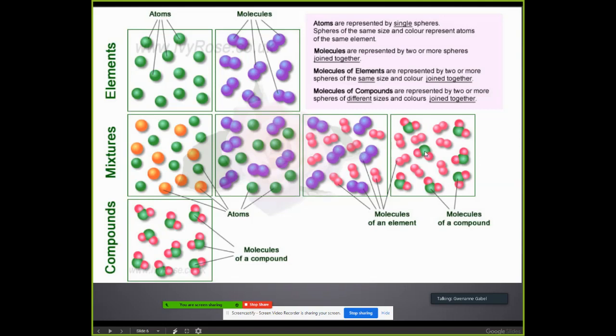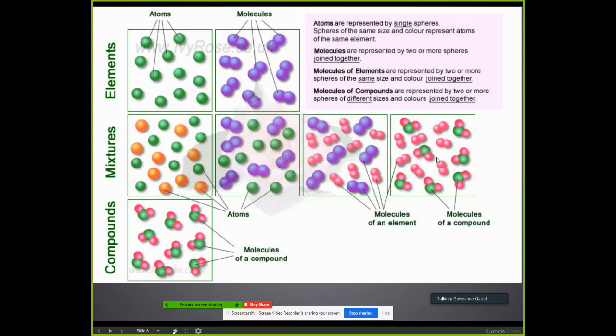And then right here, you can see a compound. You have green bonded with two pink beads. So you have two different elements bonded together. Okay, so in this image, you have 1, 2, 3, 4, 5, 6, 7 molecules of this green and pink compound.